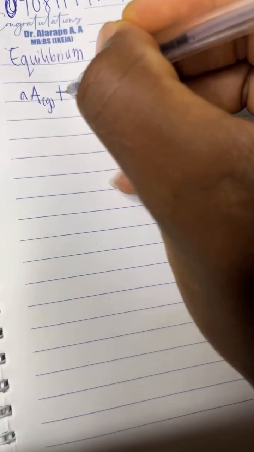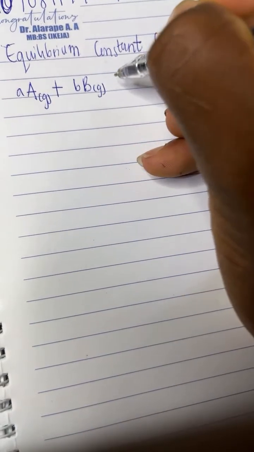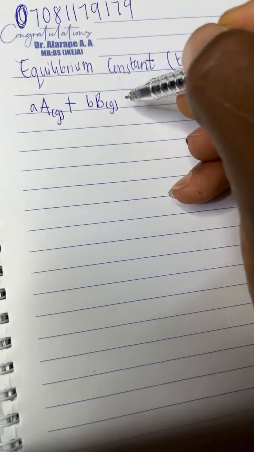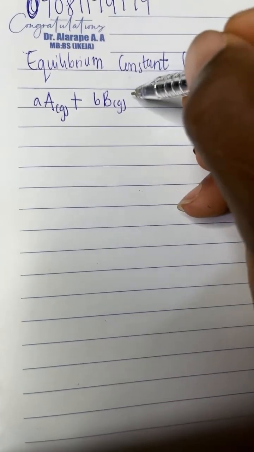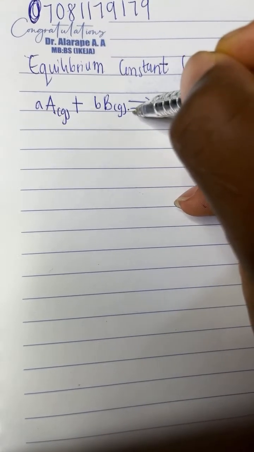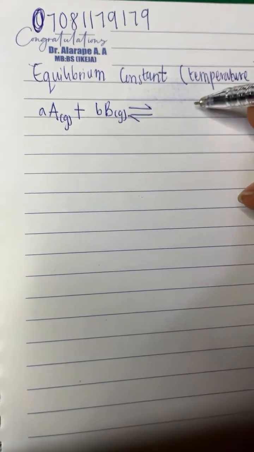Let's say small letter a, gaseous, plus small letter b. I want to use this to give you the formula.